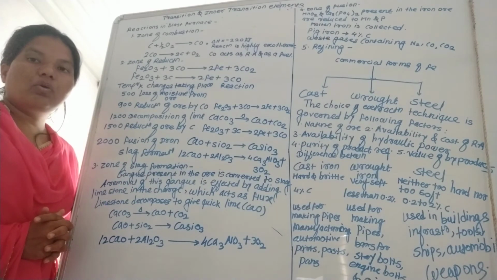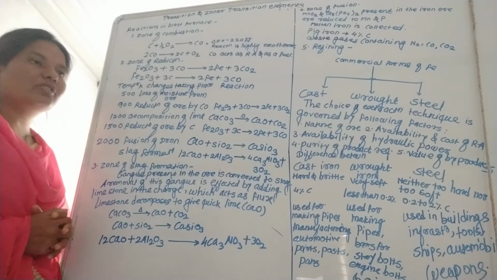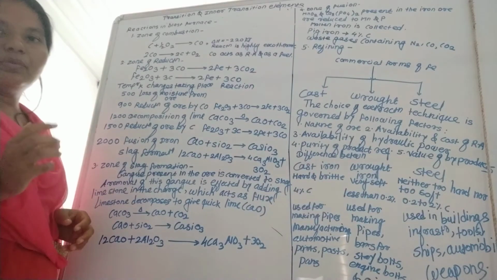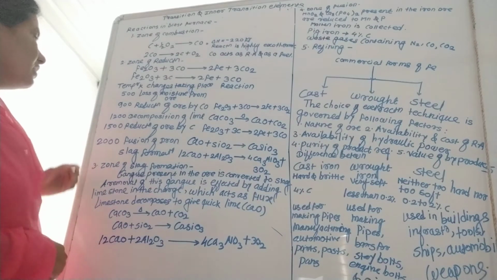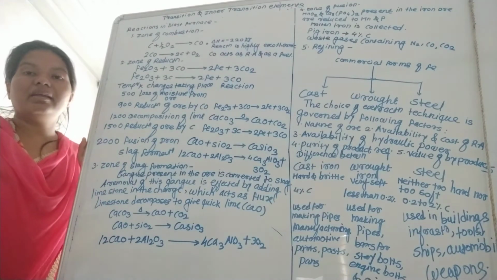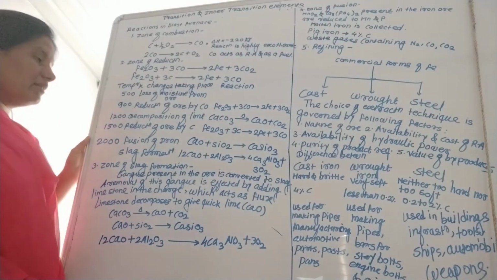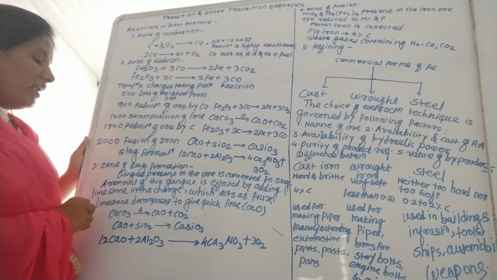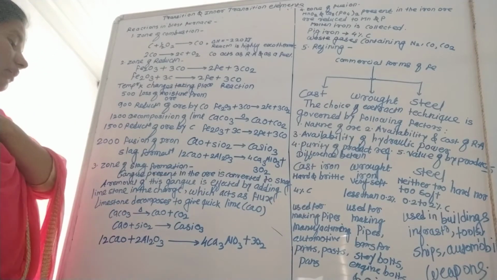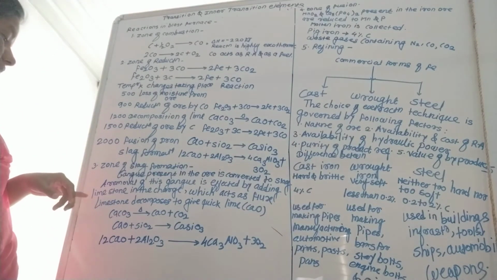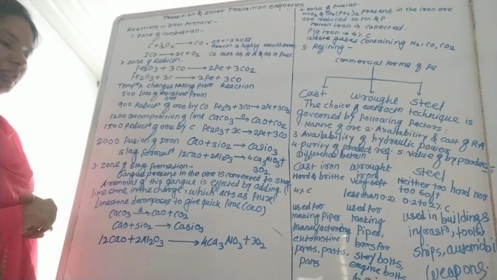When the ore contains some gangue particles, you want to remove them. Gangue particles means unwanted impurities, sandy, muddy particles. That's why you can simply add limestone in the charge.